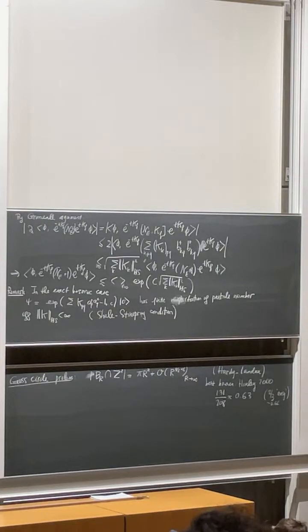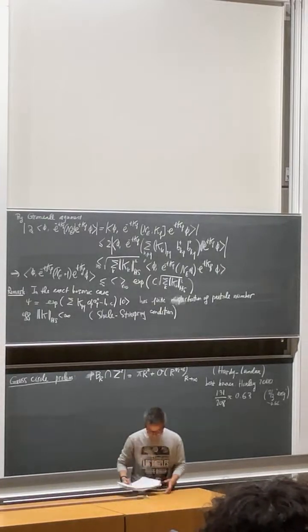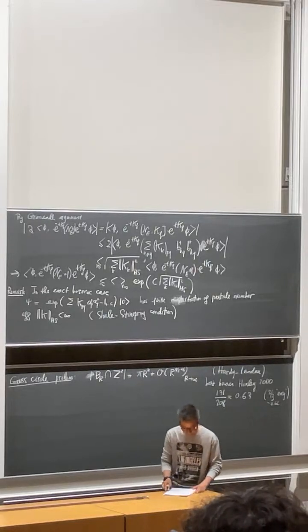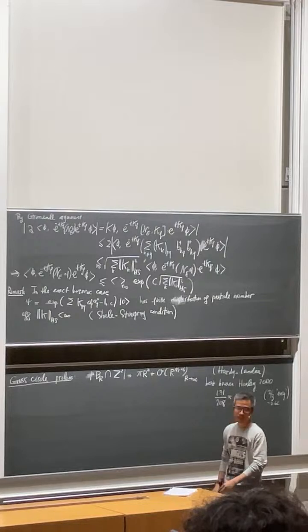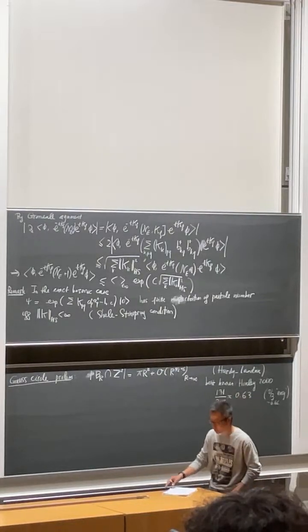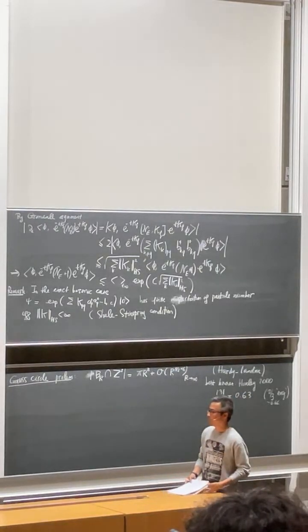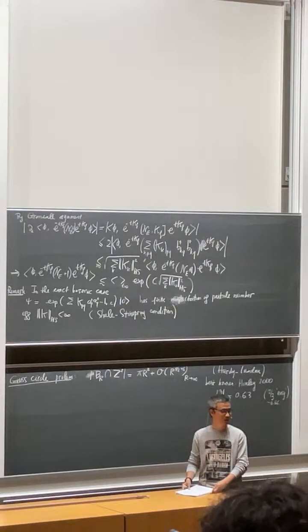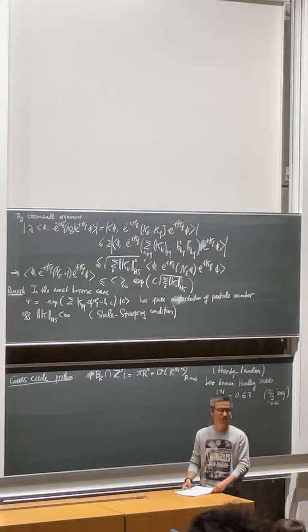So I mean this is a bit detailed, but I like this part, so this is why I give some full explanation. Okay, so this is more or less all of the ingredients we need for the upper bounds. So any questions so far, before I go to something a bit bigger?